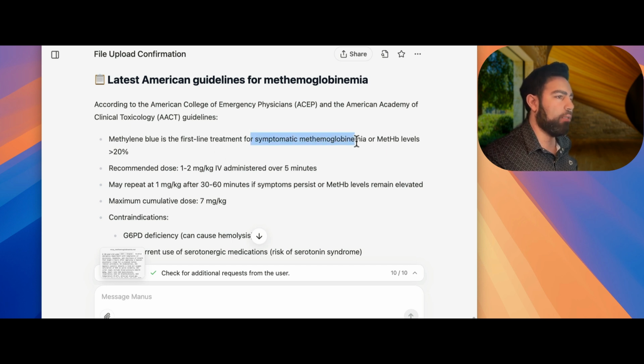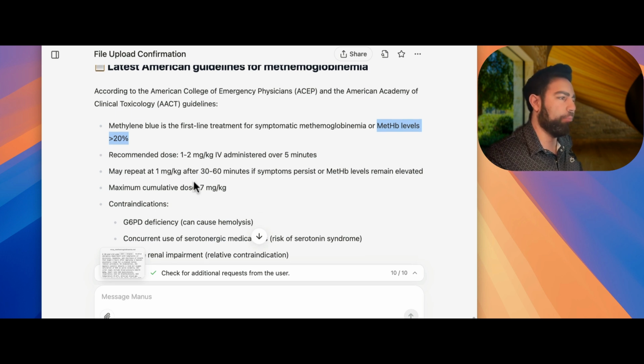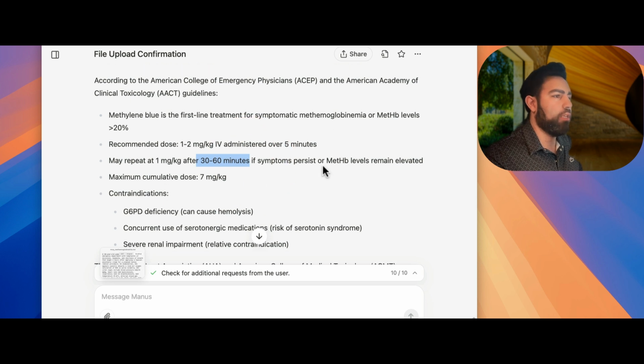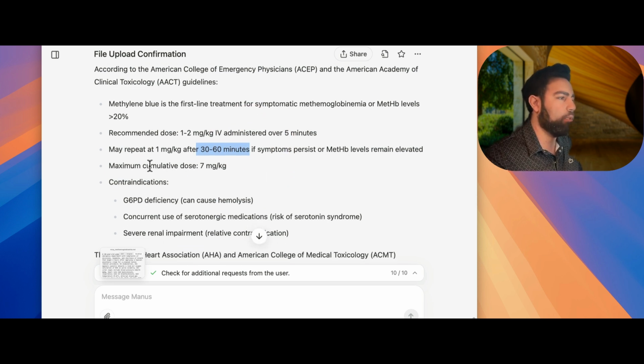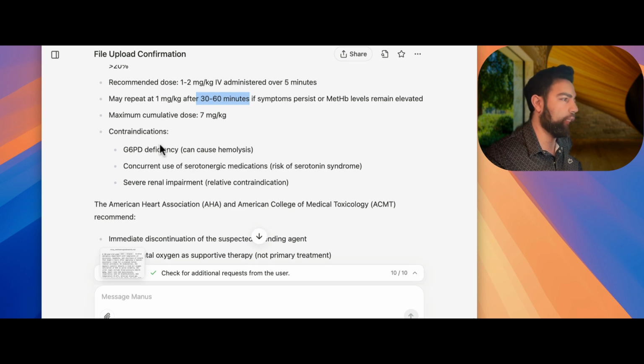For symptomatic methemoglobinemia or methemoglobin levels greater than 20%, the recommended dose may repeat after 30 to 60 minutes if the symptoms persist or methemoglobin levels remain elevated. Maximum cumulative dosage is 7 mg per kg. Contraindications: remember, in G6PD deficiency, you cannot use methylene blue because it can lead to hemolysis.